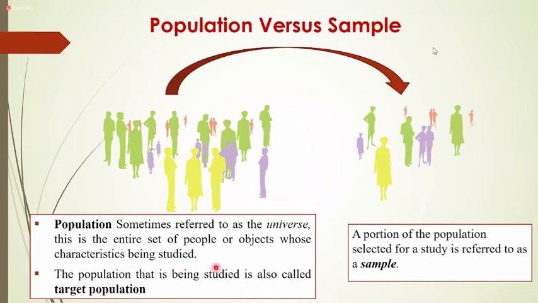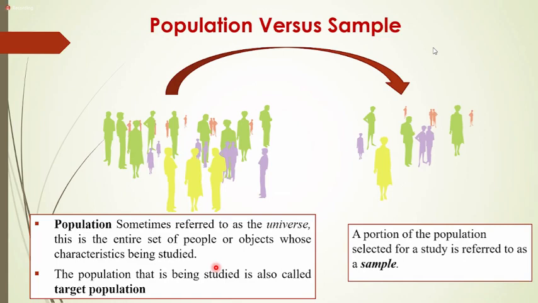Now, if we want to look at the average salary of a Sri Lankan adult, then the population is all adult Sri Lankans, or all adults living in Sri Lanka, all right?